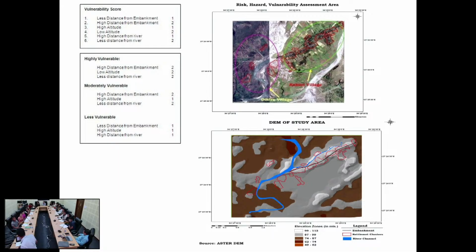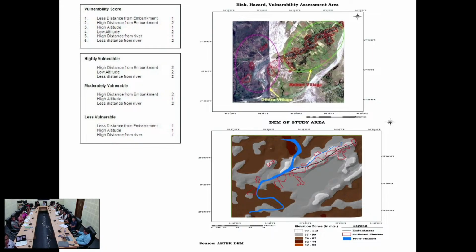This is one of those I referred to, where we did some vulnerability and risk mapping in a river. Why it is useful is that, this is an old map, we need to upgrade it now. As a very dynamic river, almost every year you need to upgrade it. If you prepare this map, you can sensitize people there about where it is safest to live, where it is unsafest to live, and where it is moderately safe to live.